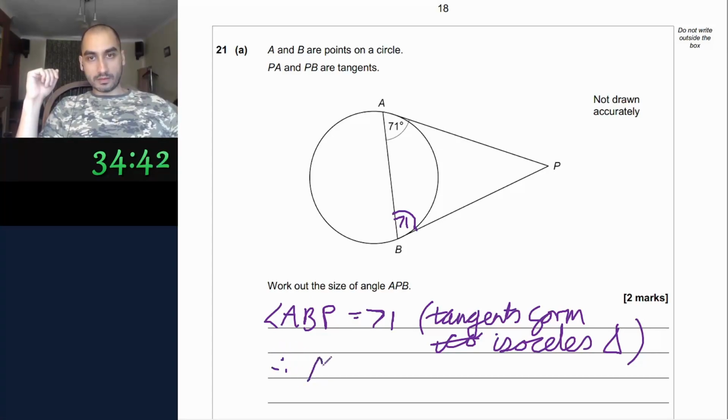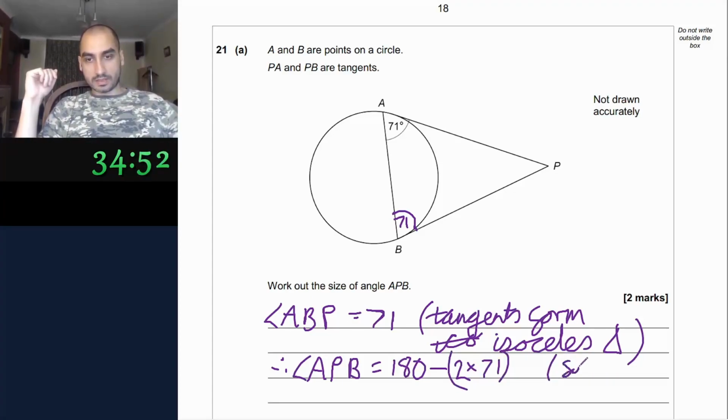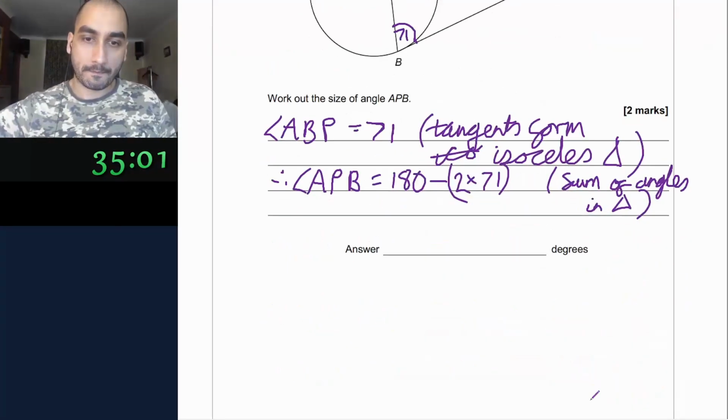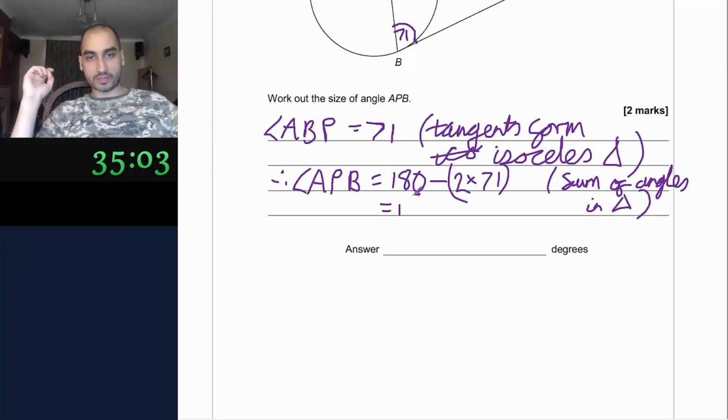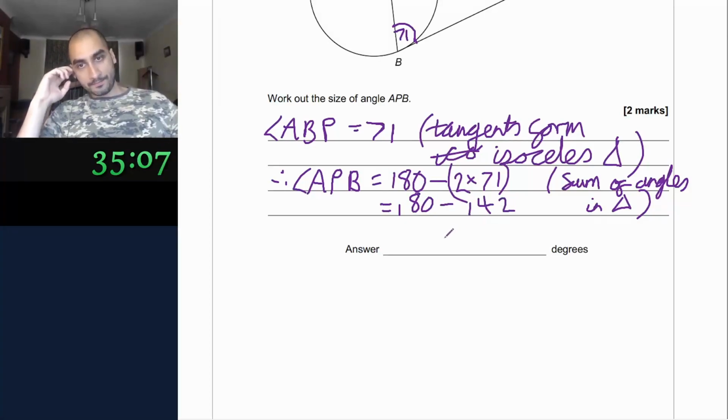Therefore, APB equals 180 minus 2 times 71. Sum of angles in triangle equals 180 minus 142, 38.